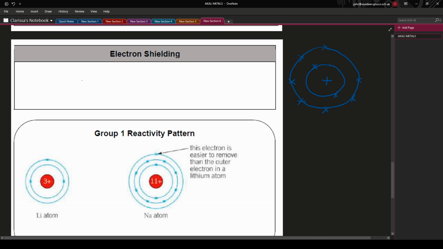Let's say that our nucleus, which has that attractive positive charge, was like a supermodel. There's my supermodel.